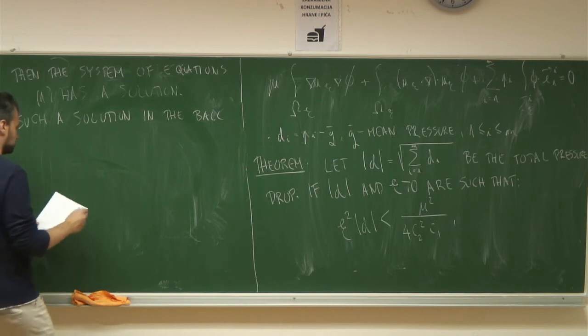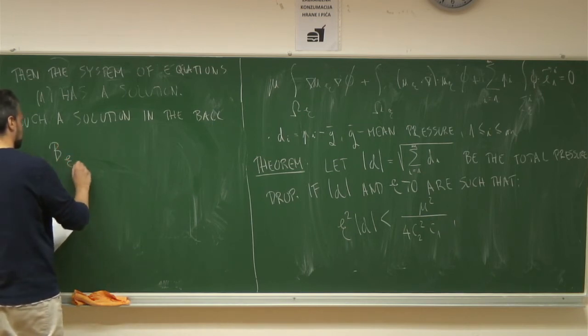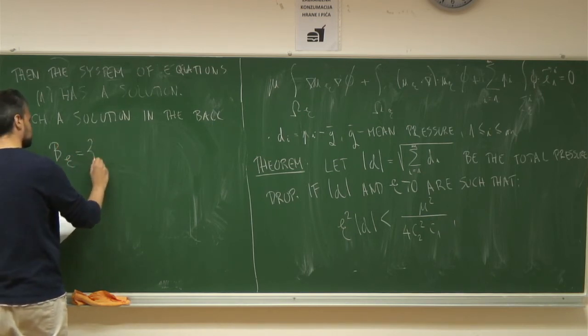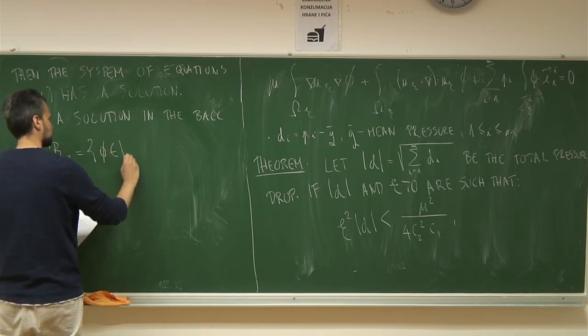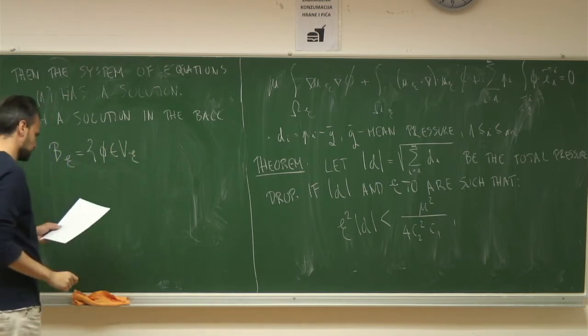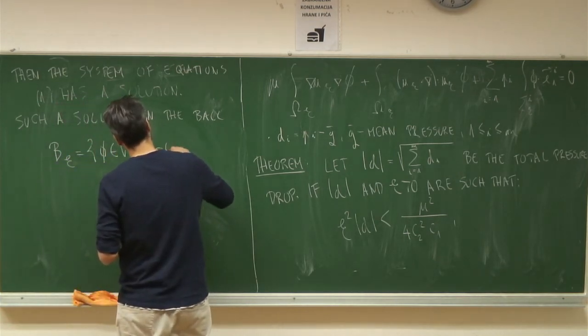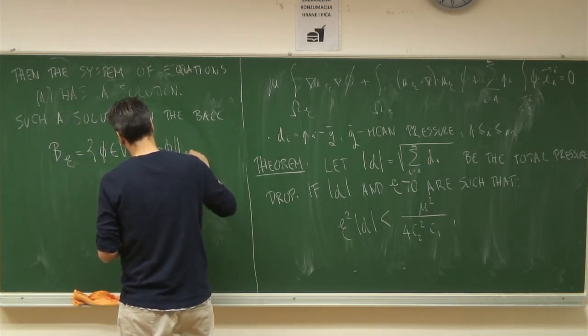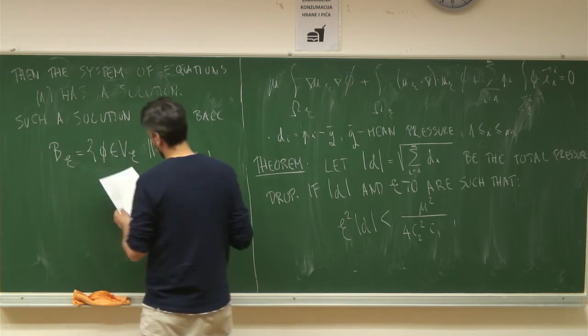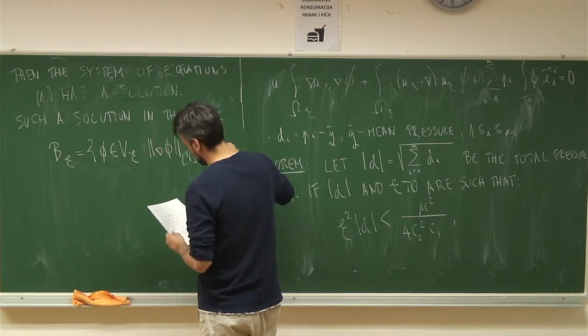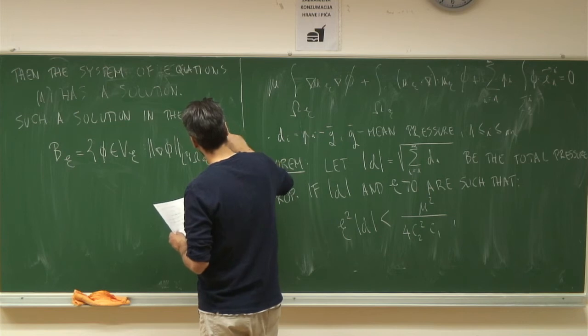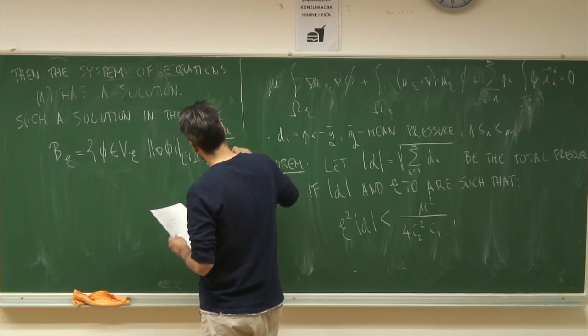So in the ball B epsilon, this is the space of functions such that their gradient is less or equal to mu over 2 c2 squared epsilon.